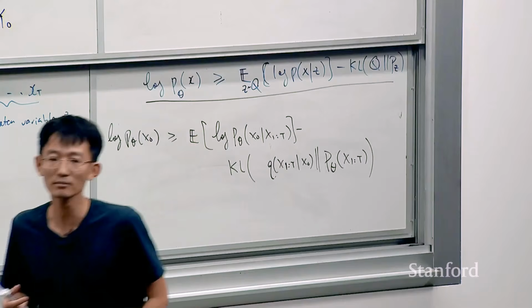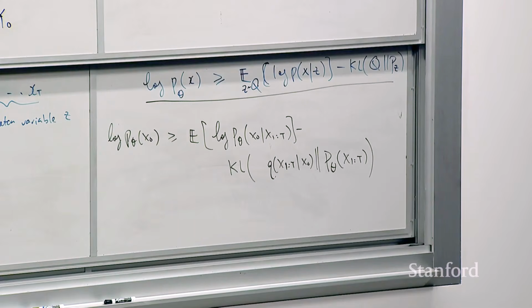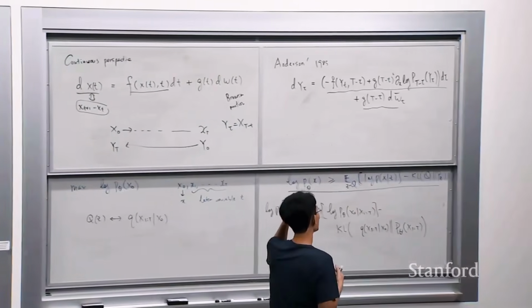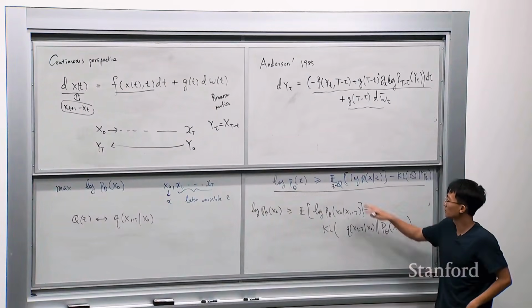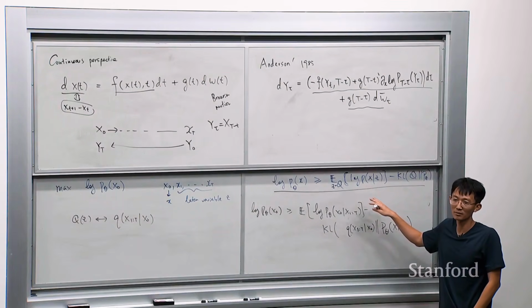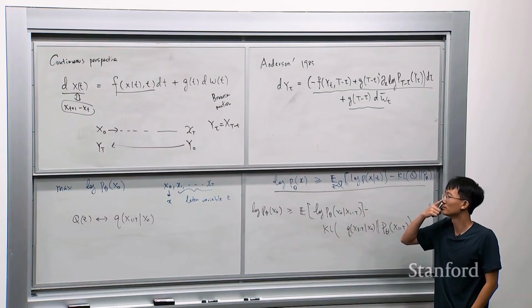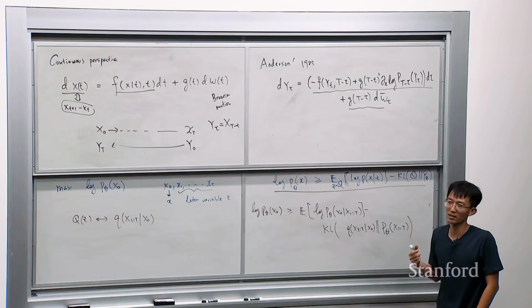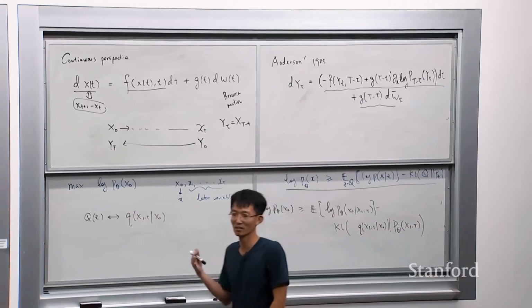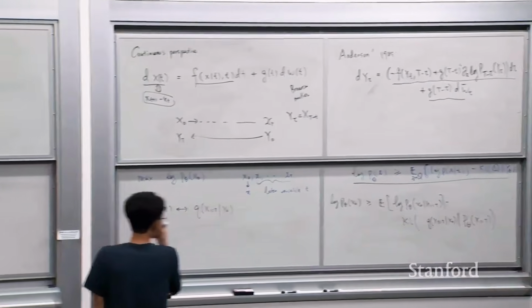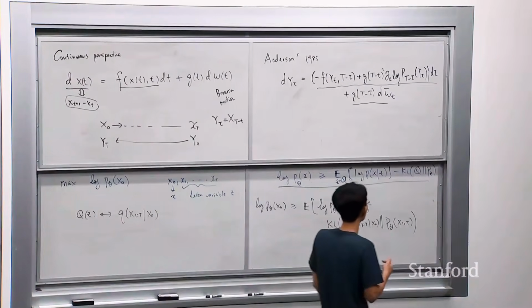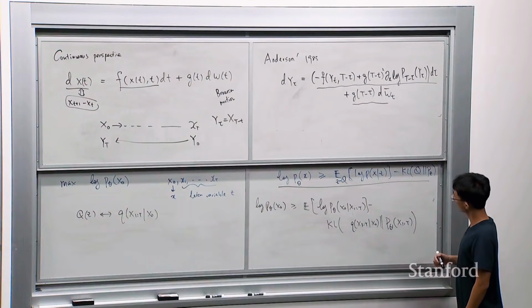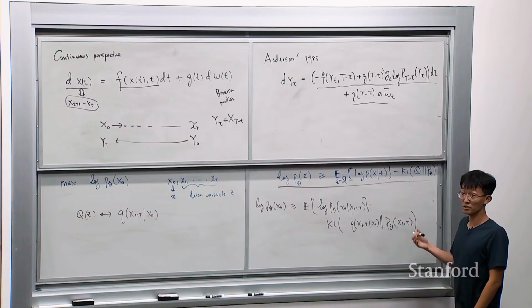Could you explain intuitively why you subtract the KL divergence? I'm just citing a formula from last time. I guess you are asking why in the lower bound there is a minus KL divergence. I'm not sure it's an intuitive explanation, but it's a sanity check.